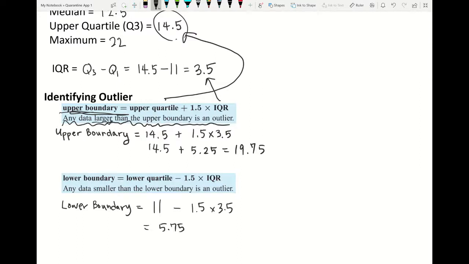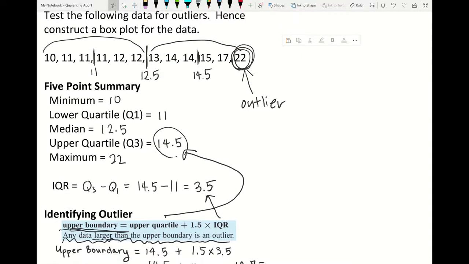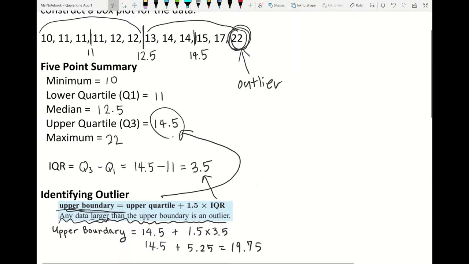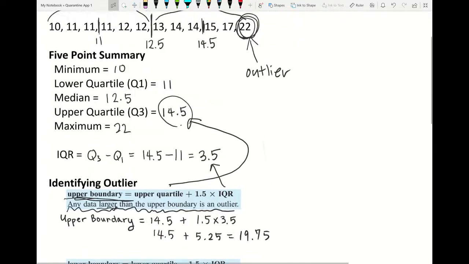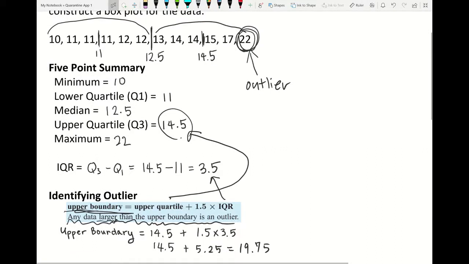So what does that mean? So 5.75 is the lower boundary, and any data smaller than the 5.75 is going to be an outlier. Now let's take a look at it. Is there any number that is smaller than 5.75? And there isn't.